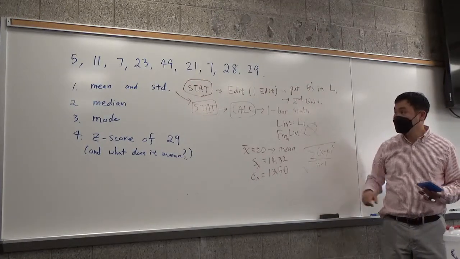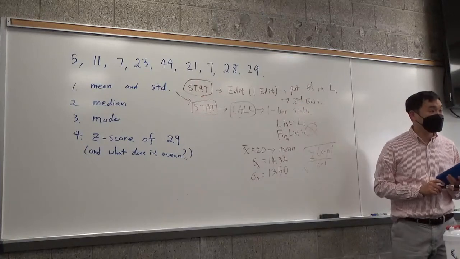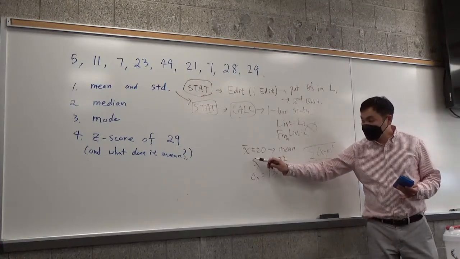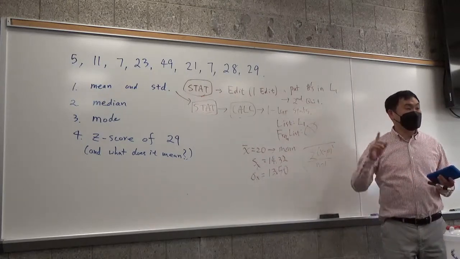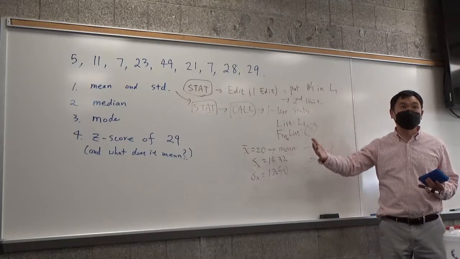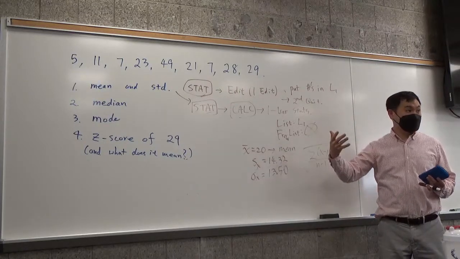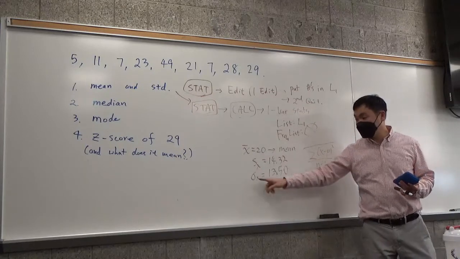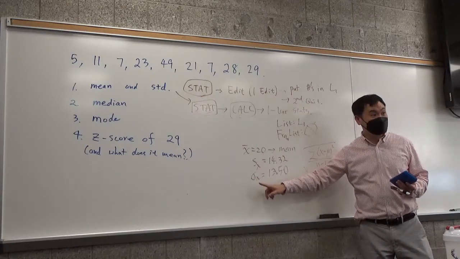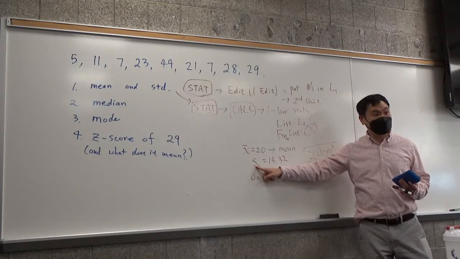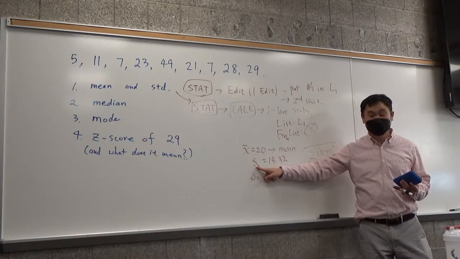I forget, which one is sample and which one is population? Top one is the sample. Oh, by the way, when sample and population both come up in a question, the population values are given in Greek letters, and the sample's values are given as Roman letters, okay?